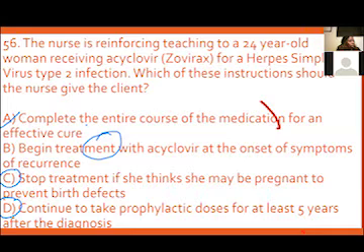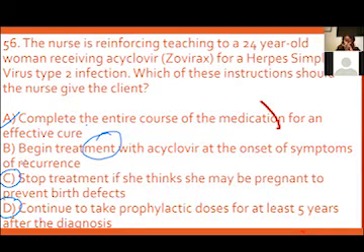Okay. So let me tell you what herpes is about. There are two types of herpes. There's herpes simplex 1 and there's herpes simplex 2. Herpes simplex 1 is anywhere above the waist, mostly common on the mouth, like cold sores.